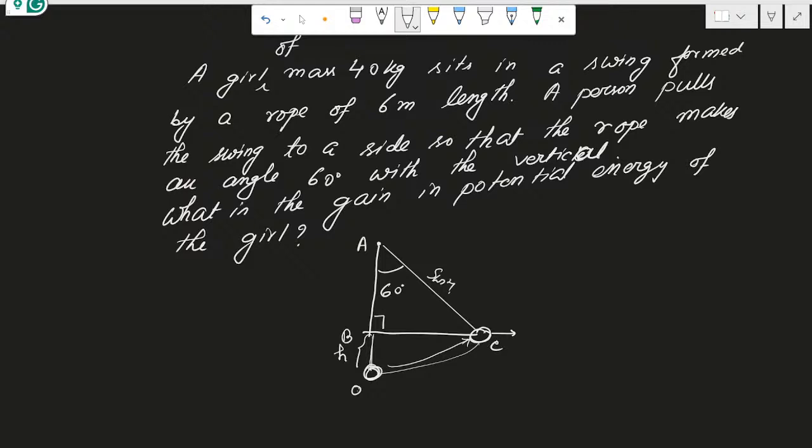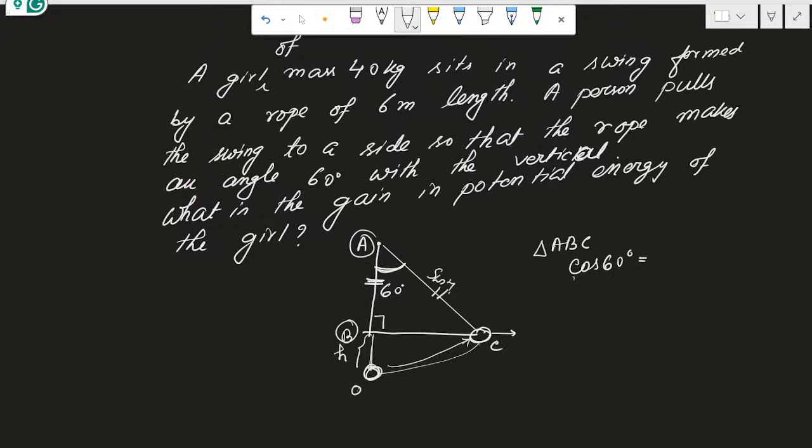Now from triangle ABC we need AB, because AC we know. In triangle ABC, consider cos 60. If this is the acute angle 60, this is the adjacent or base, and this is the hypotenuse.